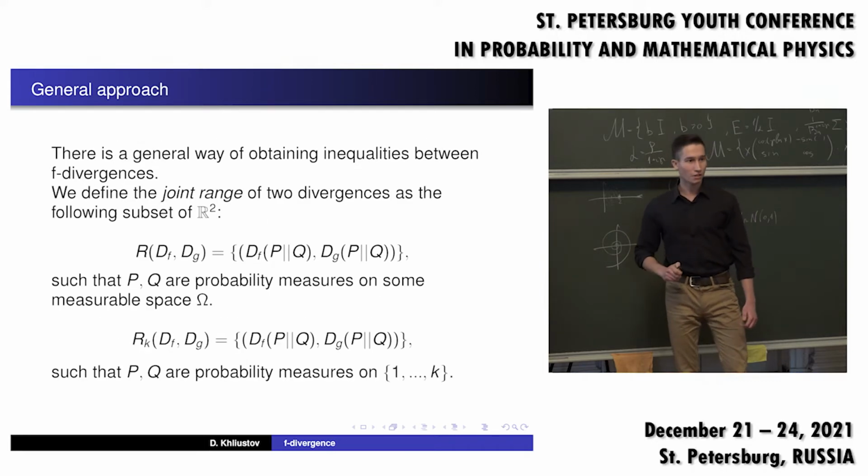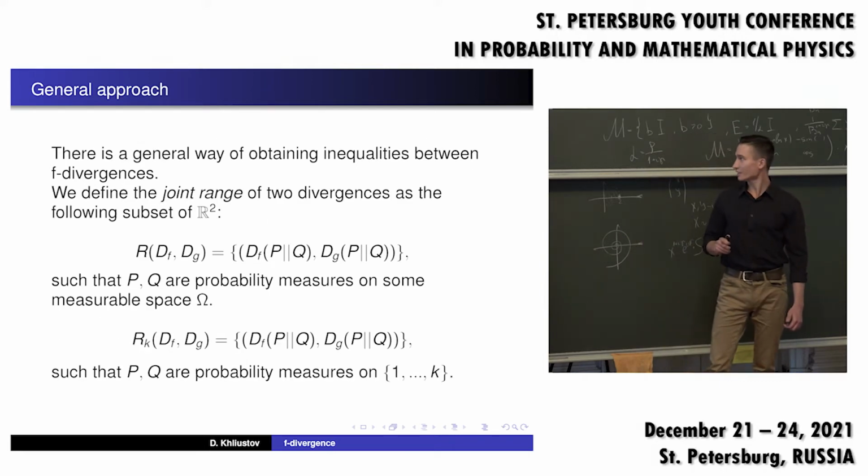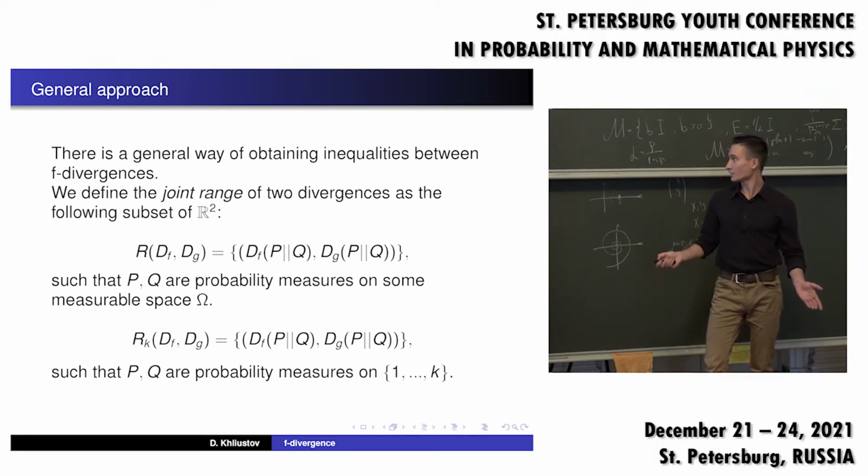The usual way of obtaining such inequalities is by means of joint range. We define a joint range for two divergences as a subset of R^2, that is, just the points whose coordinates correspond to the values of the divergences for some probability distributions.